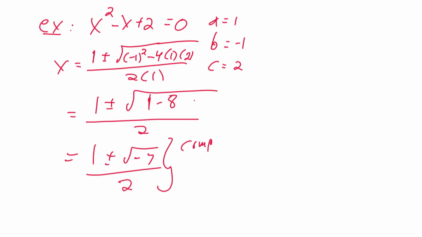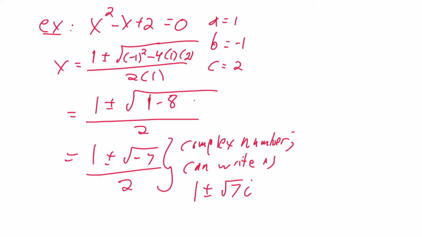So this is exactly what leads us into the study of imaginary and complex numbers, when you have a quadratic formula that doesn't have real solutions, when you have the square root of a negative number incorporated. So this is what's called a complex number. And we can write it, in the most canonical way, as 1 plus or minus the square root of 7 times i, over 2, where i is the square root of minus 1.